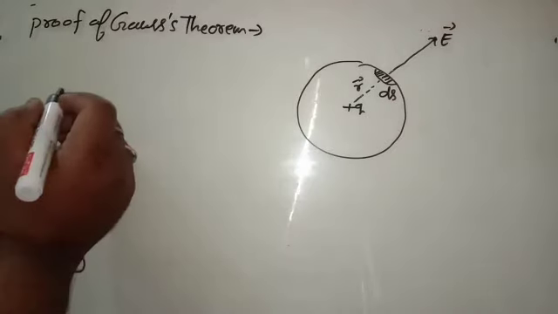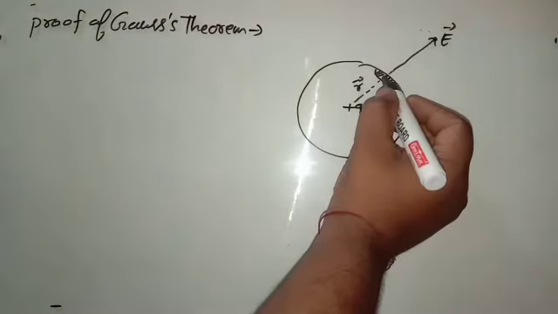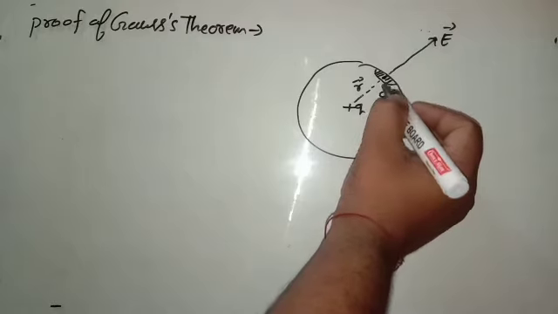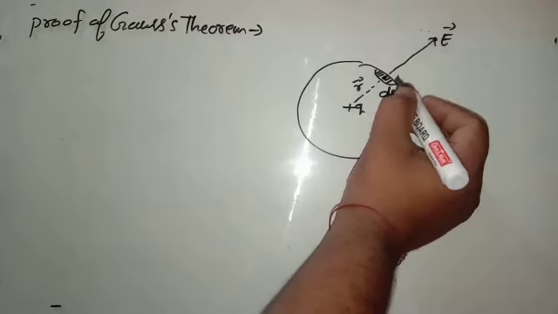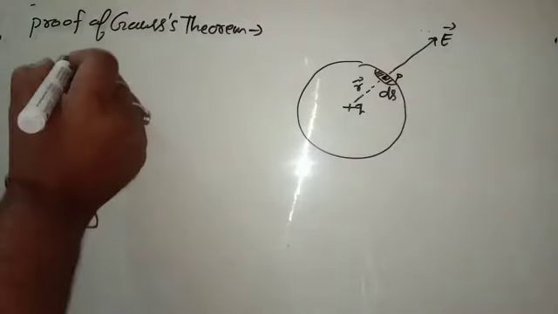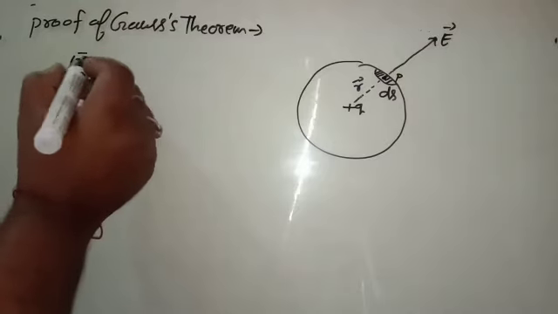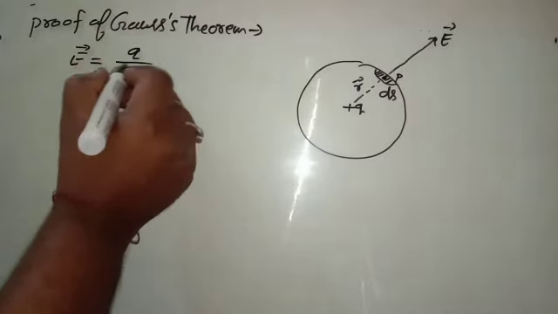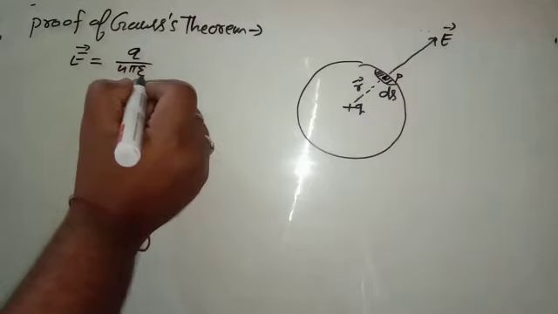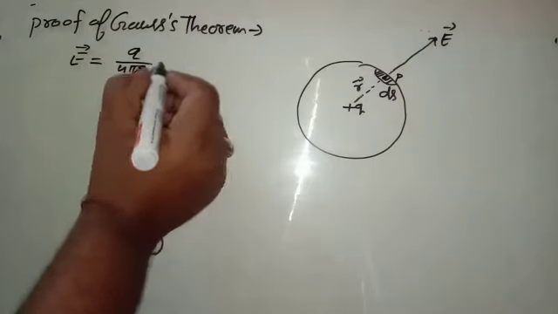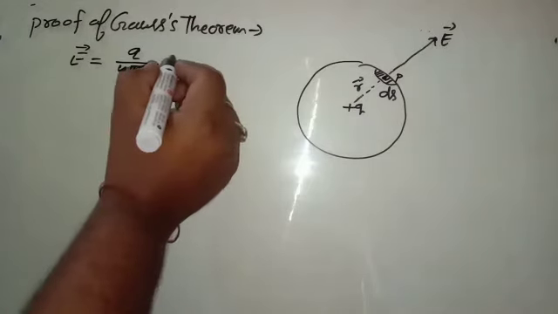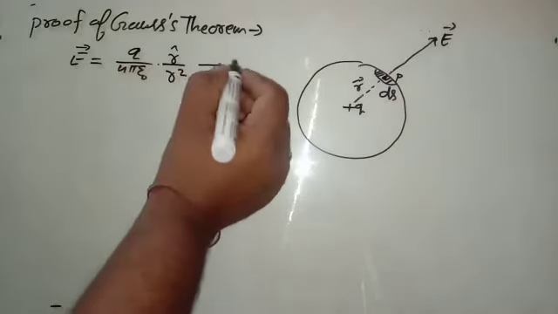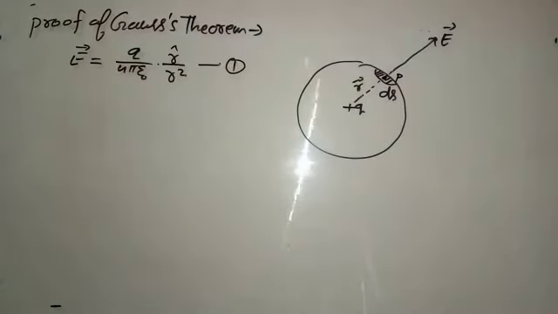According to Coulomb's law, the electric field at the point P which lies on this surface is vector E equal to q upon 4 pi epsilon naught into r cap upon r square. This is equation number 1.